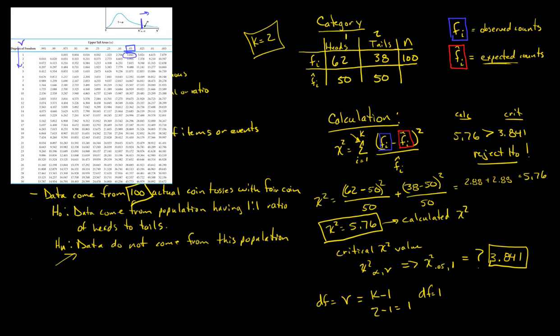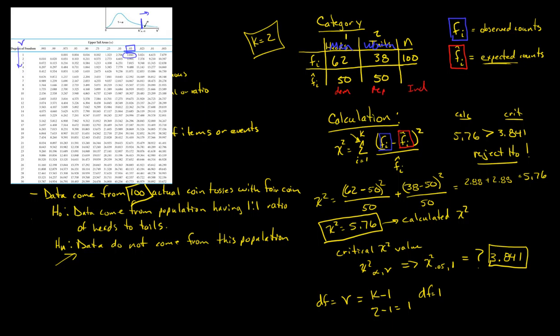Now you can extend this to more levels, and to other things. So if we took a sample from the population, instead of heads and tails, we wanted to say what was the distribution of men and women. We could also extend this to Democrats, Republicans, and independents.